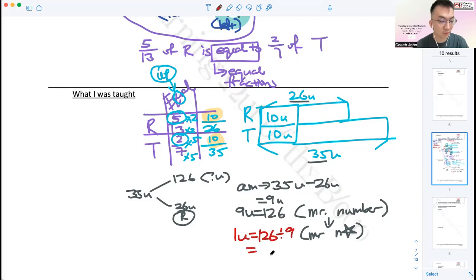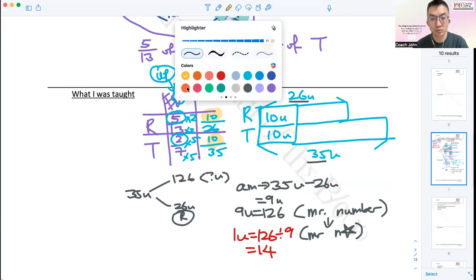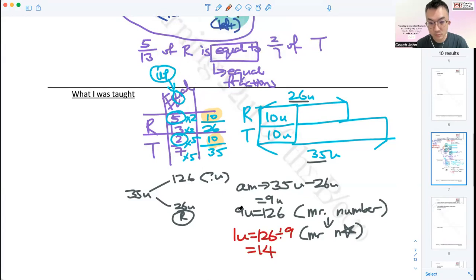in almost all problem sums that consist of units. Okay, so to group these two up, this is always a set of 2 steps.